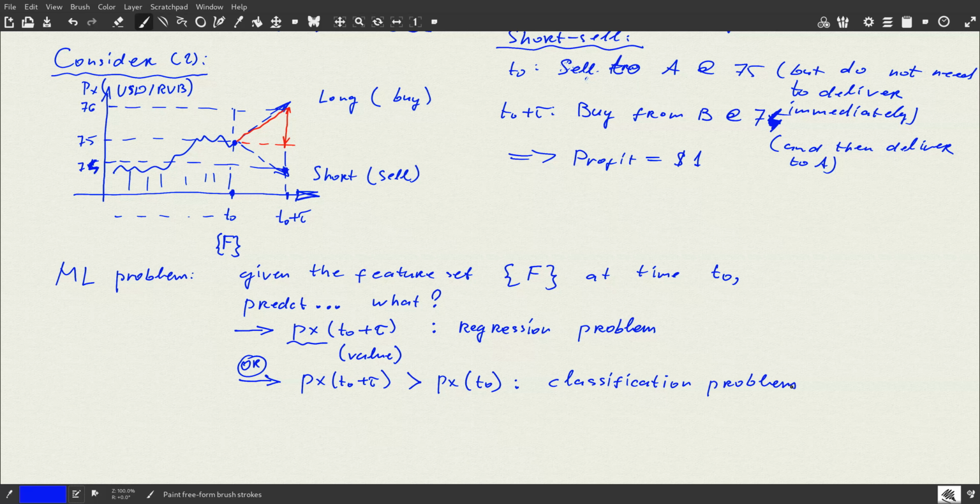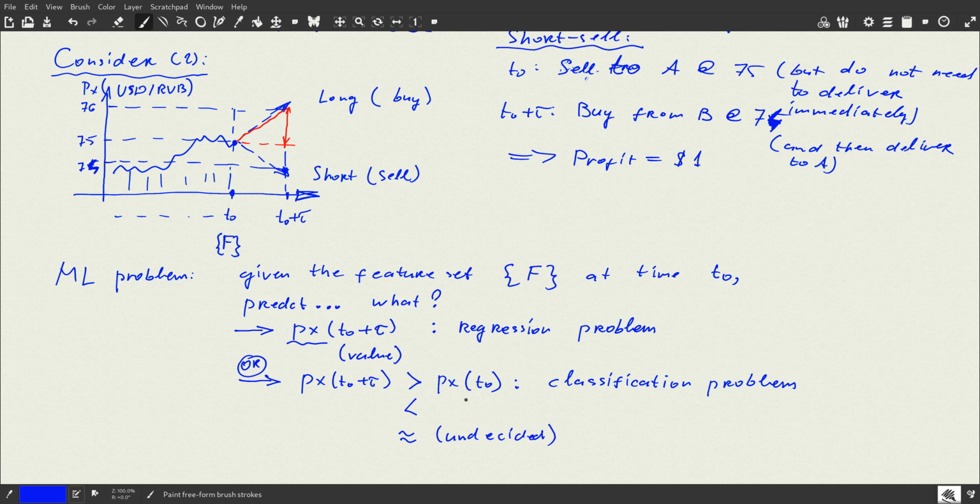And actually, this classification problem can be binary, or it can be, for example, ternary. So classification could be if price is going to be greater than, less than, or maybe we would say approximately equal, which means undecided.